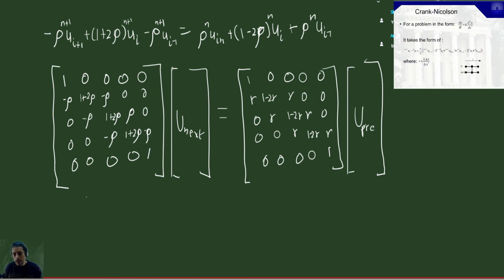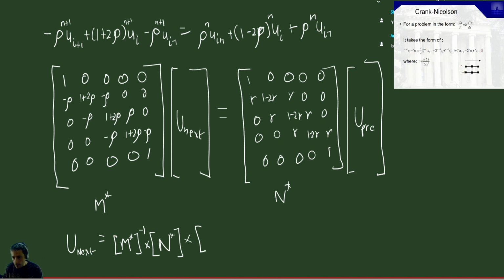Okay, and so if we call this matrix M star, because it's not R, it's rho, this one N star, then we have next is equal to minus 1 times matrix N star previous. Looks good.